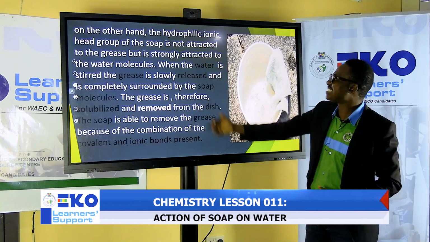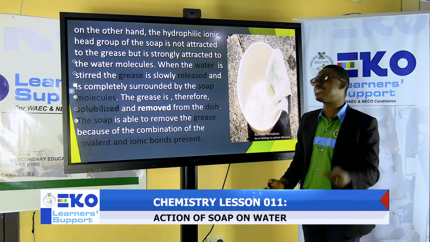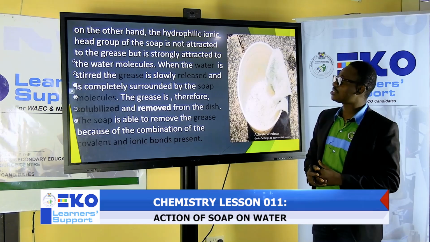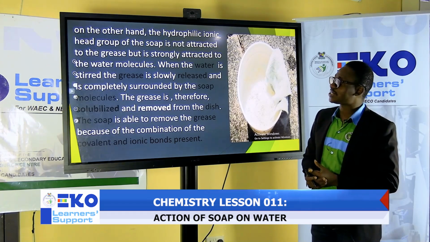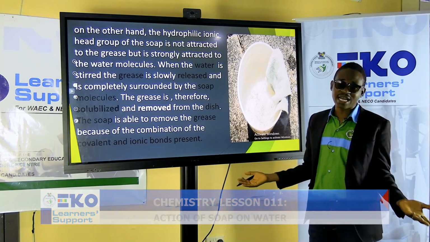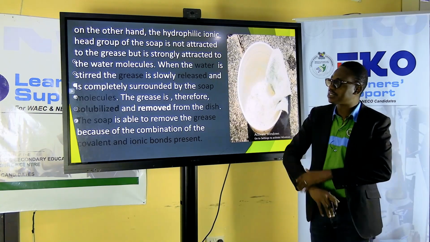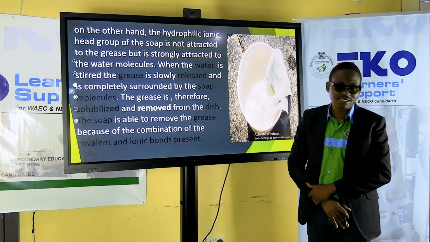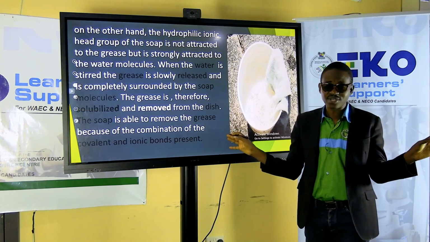On the other hand, hydrophilic. I hope you know the hydrophilic now. Good. The ionic head of the soap is not attracted to the grease. Why? The grease is not polar. Hydrophilic is polar, so there won't be any attraction.